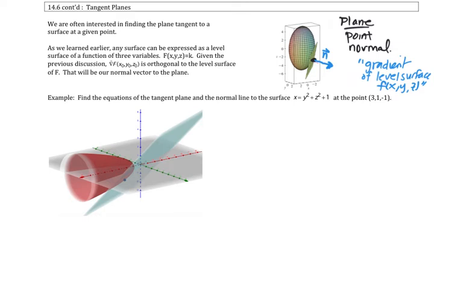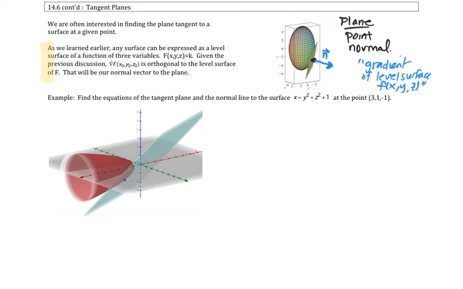Now, what this explanation hinges upon is this fact here. This came up previously in one of the videos, so let me just reiterate it. We learned earlier that any surface can be expressed as a level surface of a function of 3 variables. Okay? So what do we mean by that?